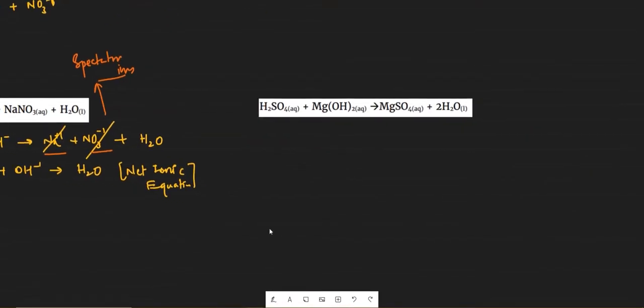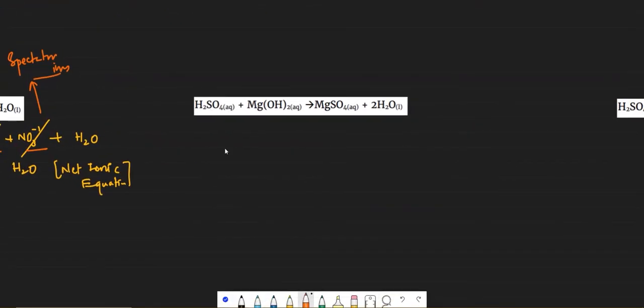Okay, let's do this one. H2SO4 is aqueous. There are 2 hydrogen atoms, so there are going to be 2 hydrogen ions and 1 sulfate ion. Mg(OH)2: there's 1 magnesium atom, so there will be 1 magnesium ion, and 2 hydroxides, so there will be 2 hydroxide ions.